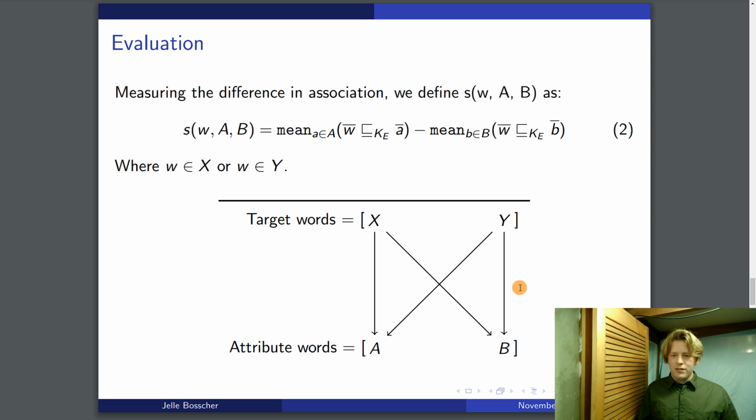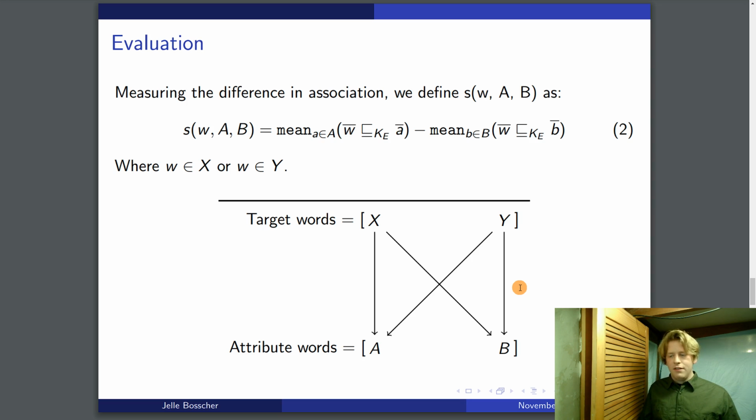Now that we have the positive operators of a word built with the collection of all its hyponyms, and all the positive operators for the target sets and attribute sets, we can define how we measure the differential association.